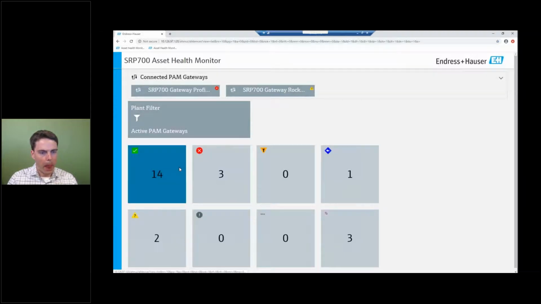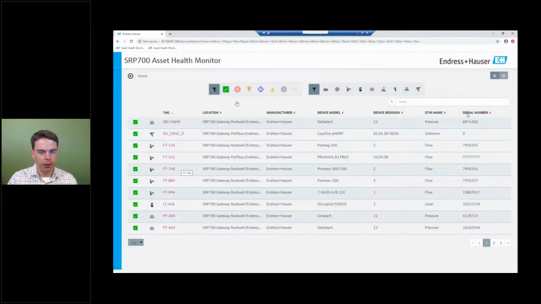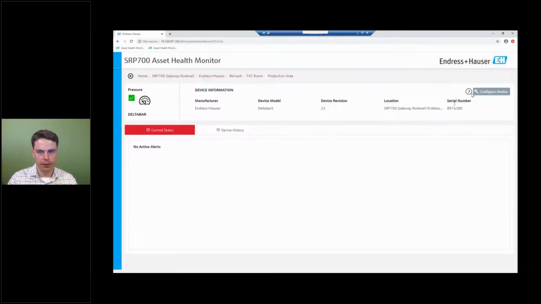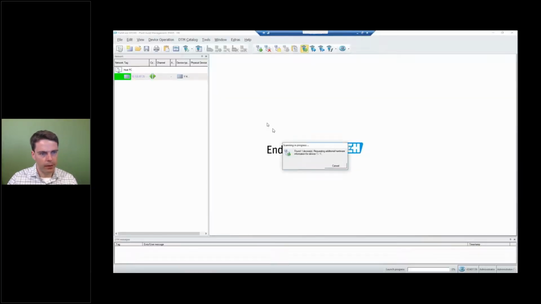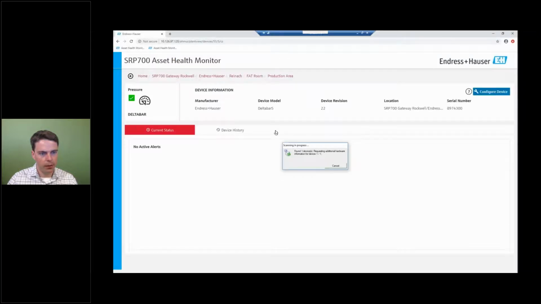So we can filter, we can go through, and we can configure a device, and we can open this, and we're connected. So very easy to access. So we're connecting. In this case, it's a pressure transmitter.